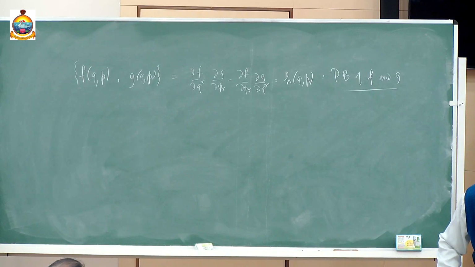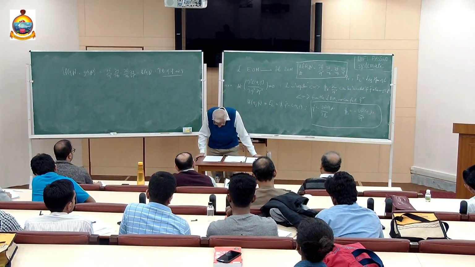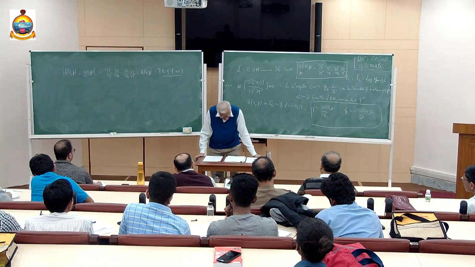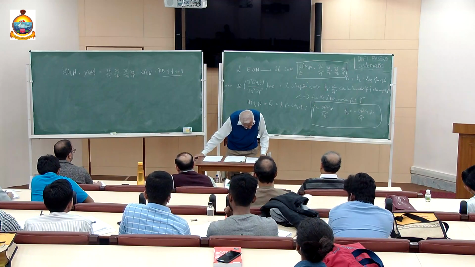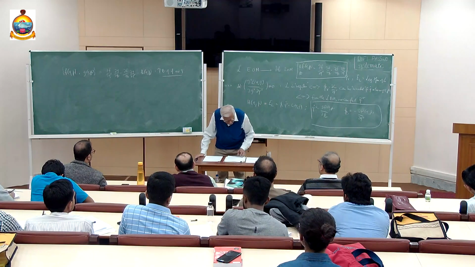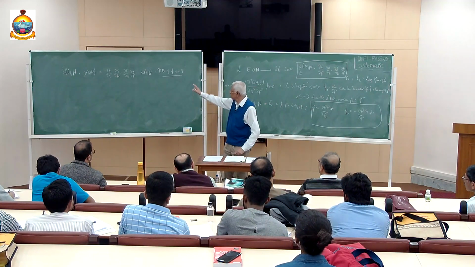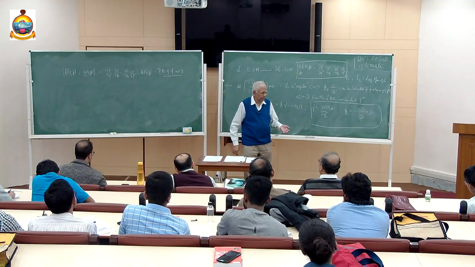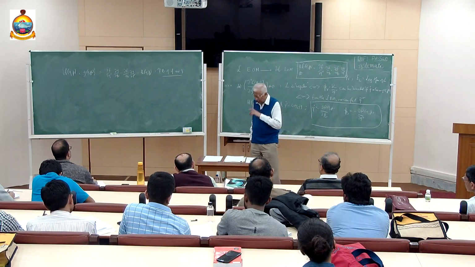So I have gone pretty fast and pretty far because I was able to omit many derivations. Also because I exploited yesterday's tutorial session to some extent. So this is where I wish to stop here, and I will pick up tomorrow from the properties of Poisson brackets and what are the things you can do with them.